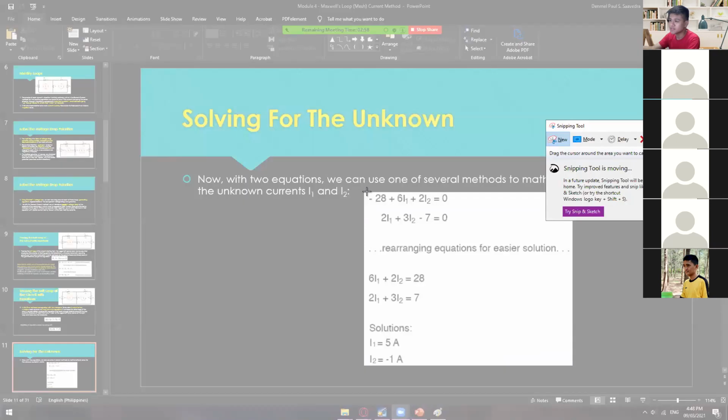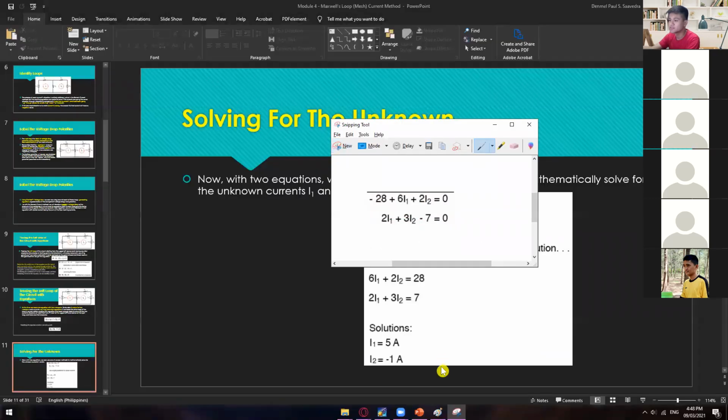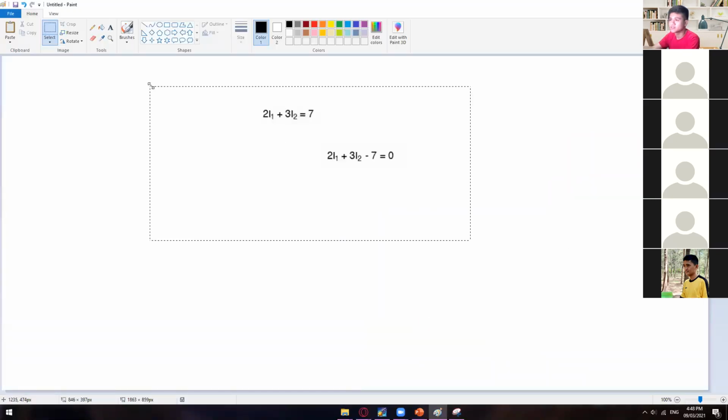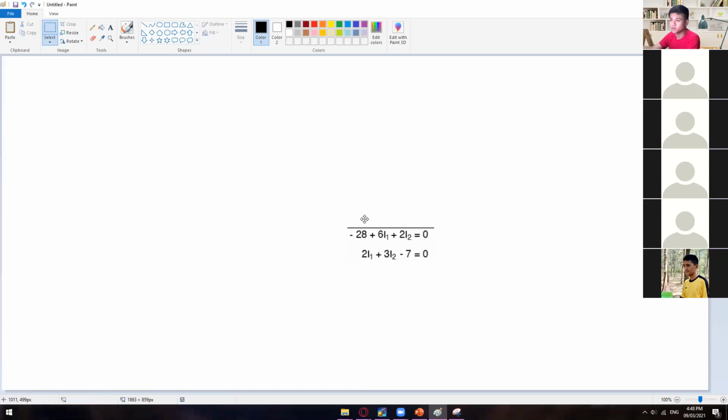Okay, so let me just copy those two. And then from here, you can now perform a simultaneous equation, just like what we did last meeting. So from here, we can actually multiply the second equation by 2 for us to be able to get 6i.